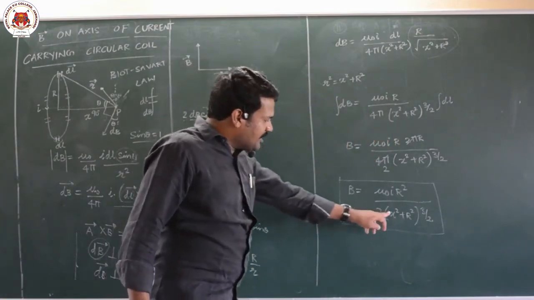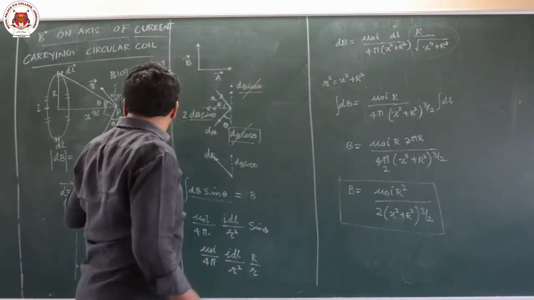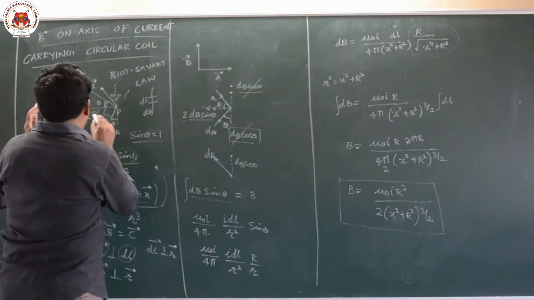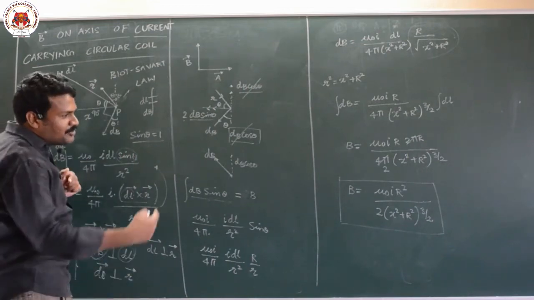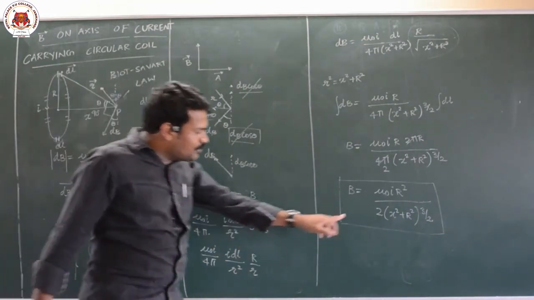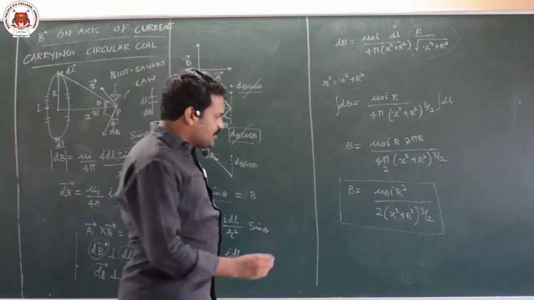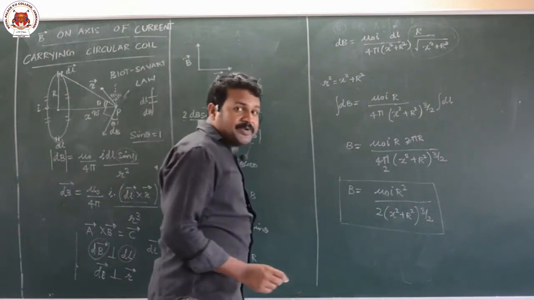Suppose in this derivation this is x. If x is equal to 0, you will be at the center, so you will get the magnetic field at the center. In the last video we did the magnetic field at the center.